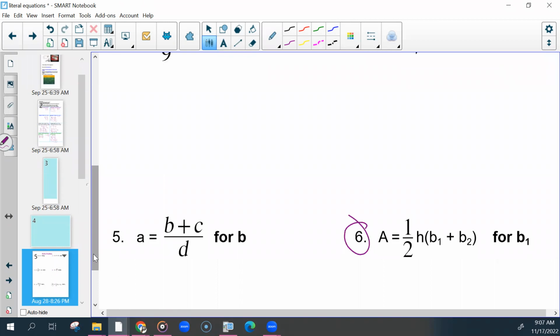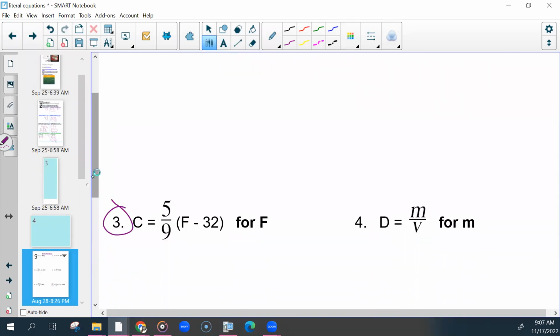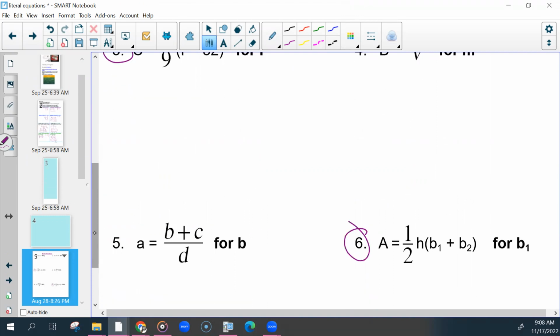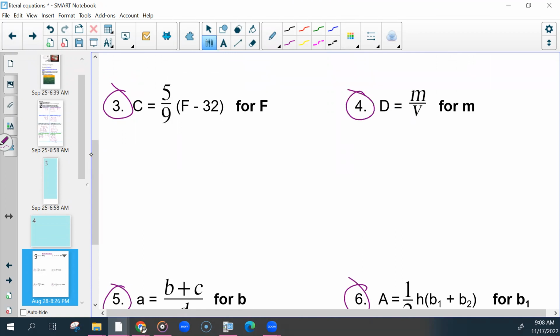Circle them all, and then we'll go back. Any others? Go ahead, Hila. 3. Five. And then 1. All right, so let's start with those.